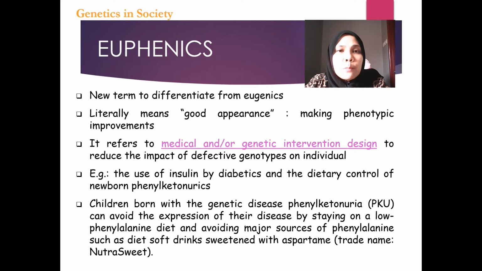Children born with the genetic disease phenylketonuria (PKU) can avoid the expression of their disease by staying on a low phenylalanine diet and avoiding major sources of phenylalanine, such as diet soft drinks sweetened with aspartame. There is a product with the trade name NutraSweet.